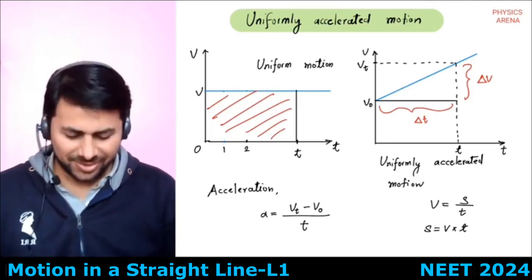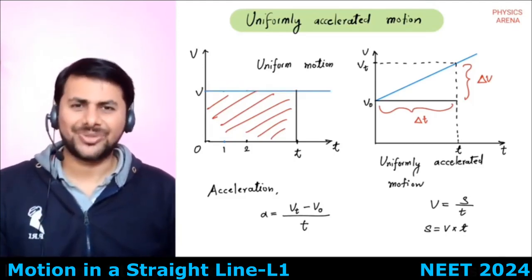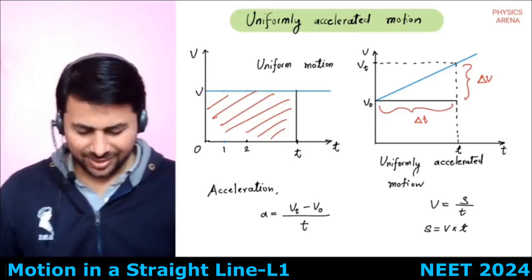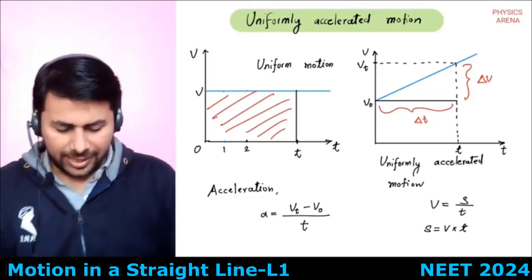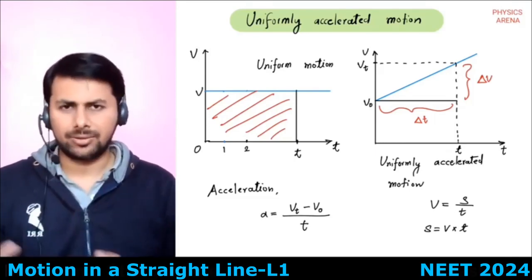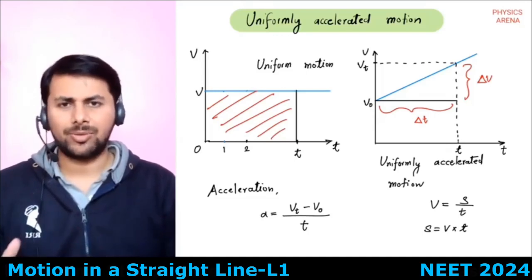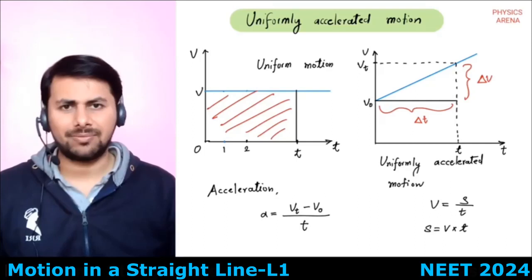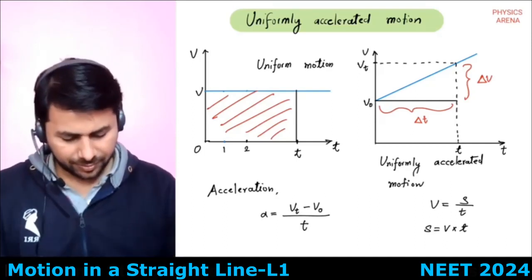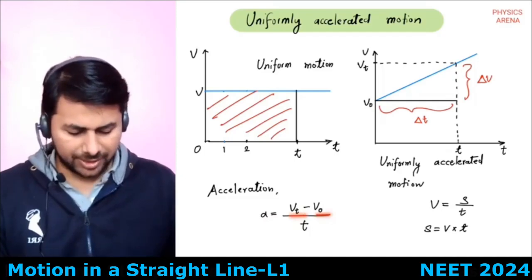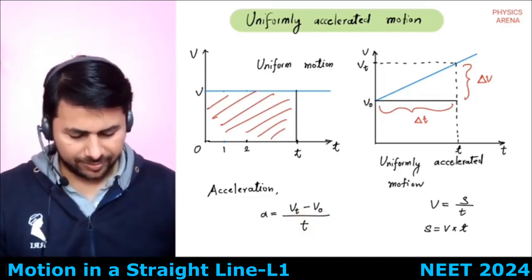So this is also uniformly accelerated motion, but the acceleration is 0. Acceleration is what? The slope of the velocity versus time graph. Just like we discussed velocity is the slope of the position versus time graph, acceleration is the slope of the velocity versus time graph. So acceleration is final velocity minus initial velocity divided by time.